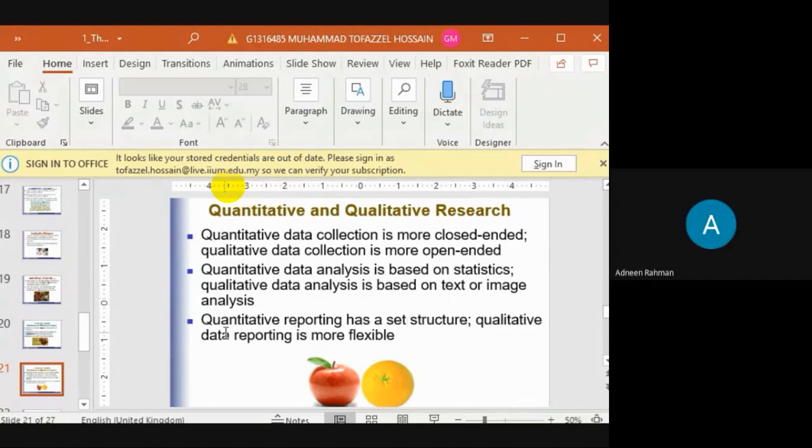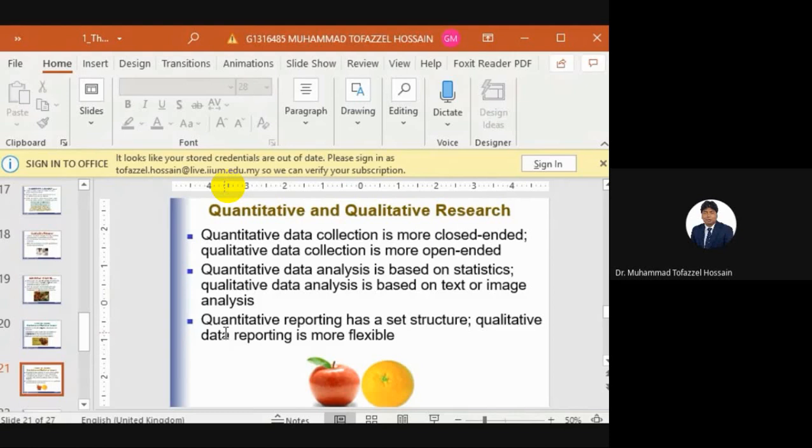So sir, how can we get the image? For example, now you want to explore the problems faced by Rohingya children. You have collected some photos. Your photos will show what kind of problems they are suffering.